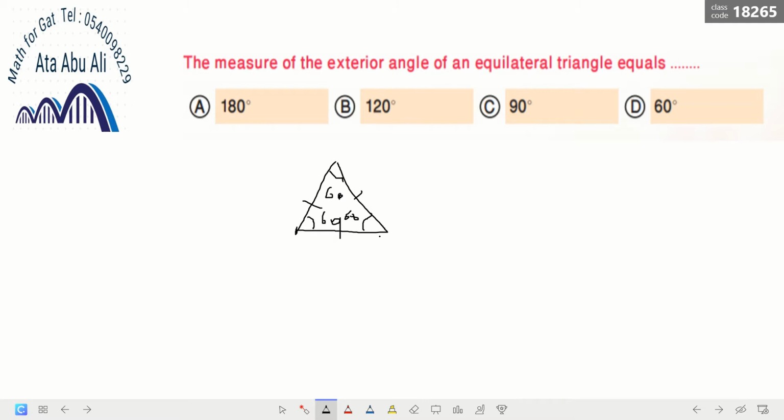If I make it an exterior angle, the sum of these 2 adjacent angles is collinear, that means it's 180. So 180 minus 60 is equal to 120. So the answer is B.